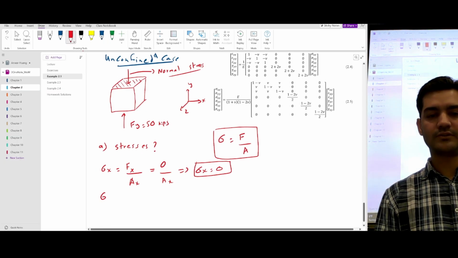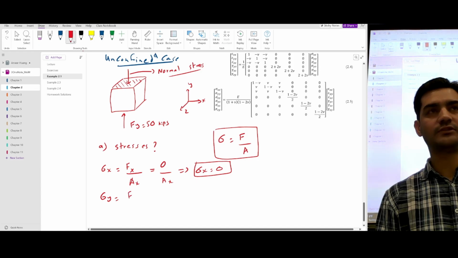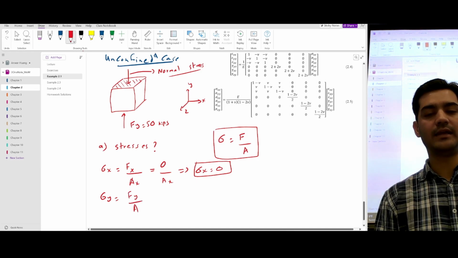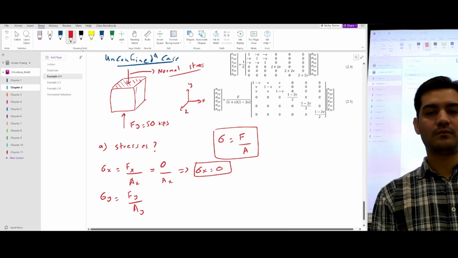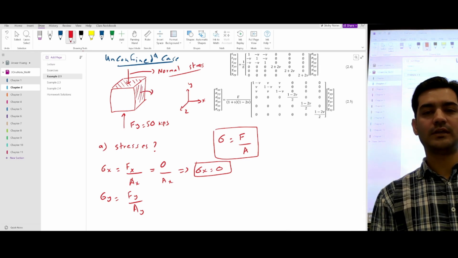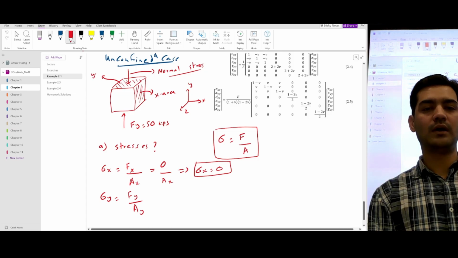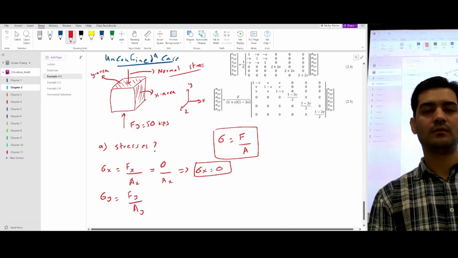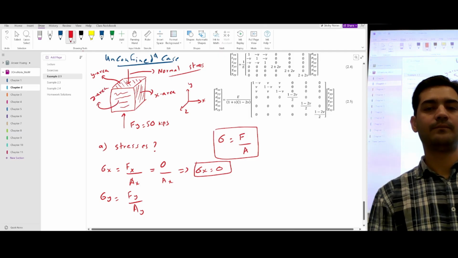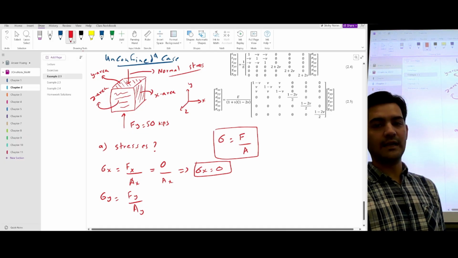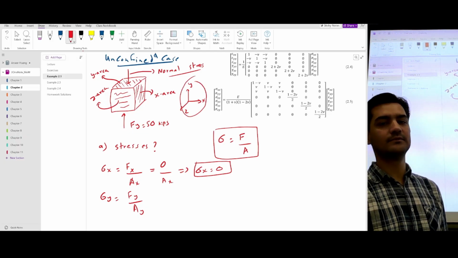So we have to calculate stress y, which is force acting along the y direction divided by the area y. This is x area, this is y area, this is z area. And we can know the areas from the coordinate axis.